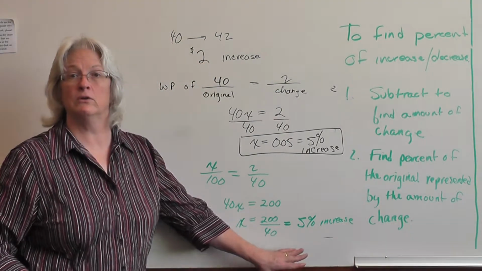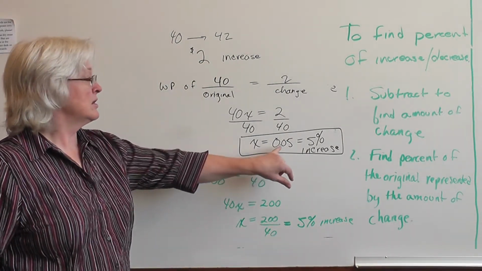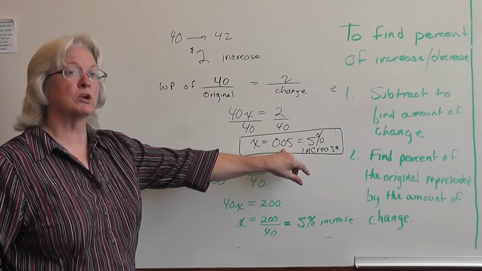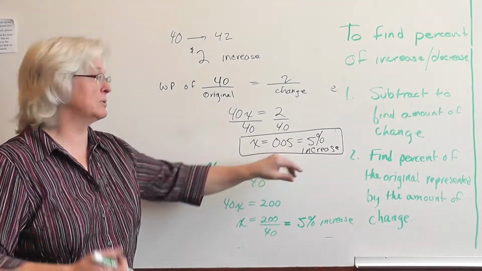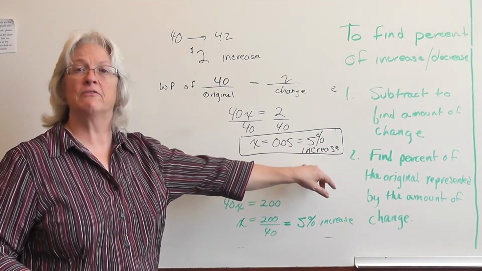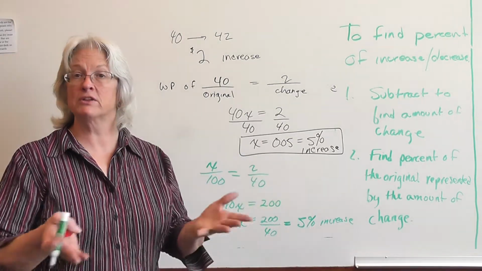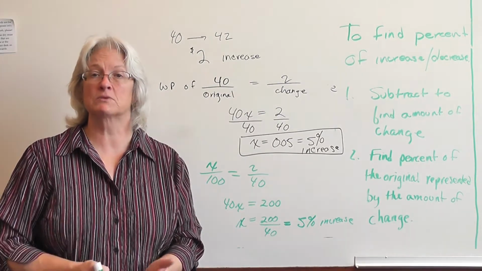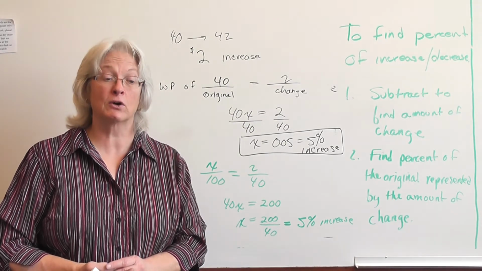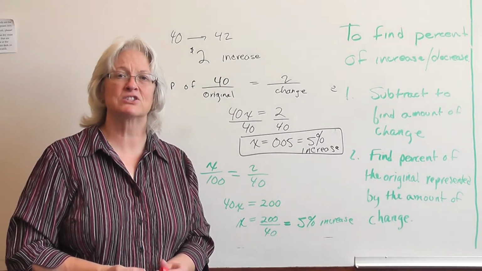Make sure that when you're doing problems like this, you convert the 0.05 decimal answer into a 5% increase. That's all that's involved in this section. Go ahead and work these problems. If you have any difficulties, send me a text, and I'll see you next time.